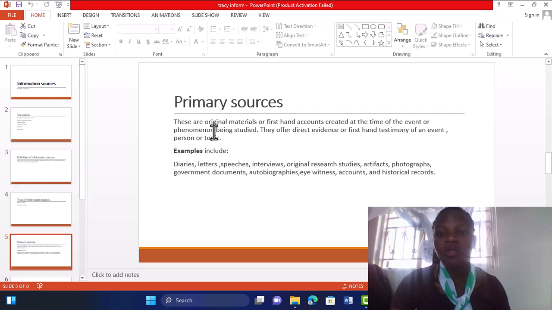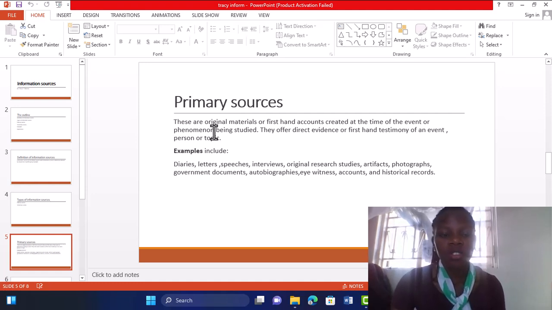This is a primary source. It is the original source or original material where you are getting information. As we continue, we are going to understand what these primary sources are. We always use them, but we don't know whether it is a primary source or not.